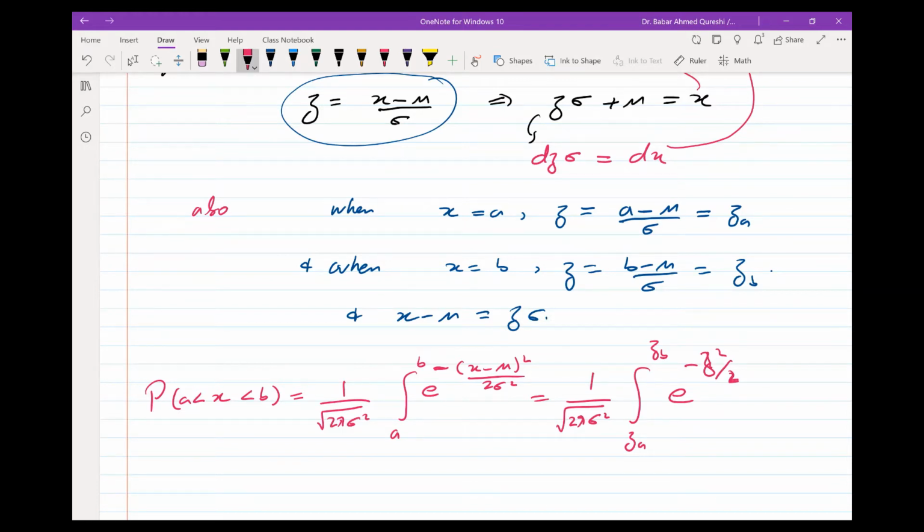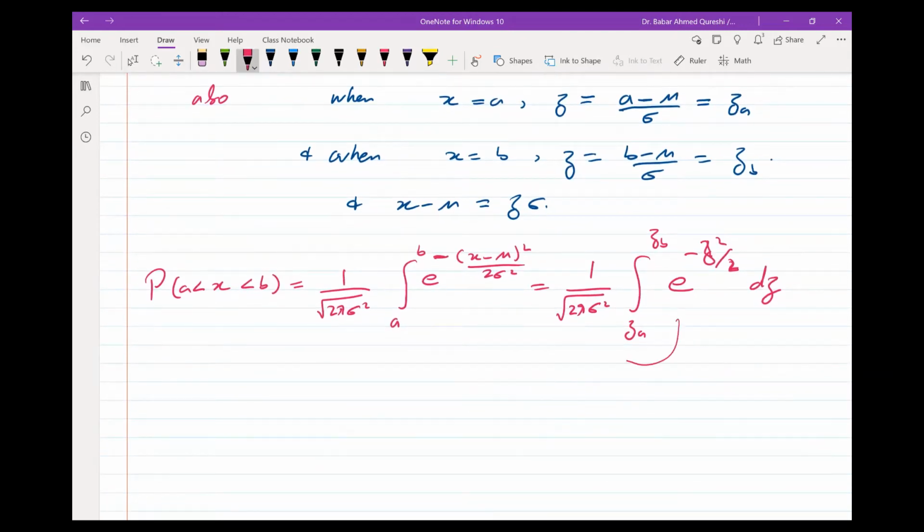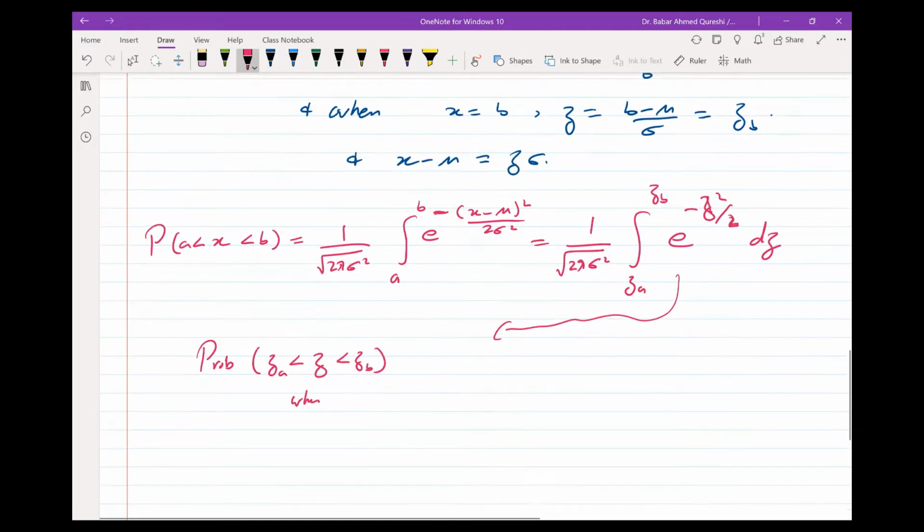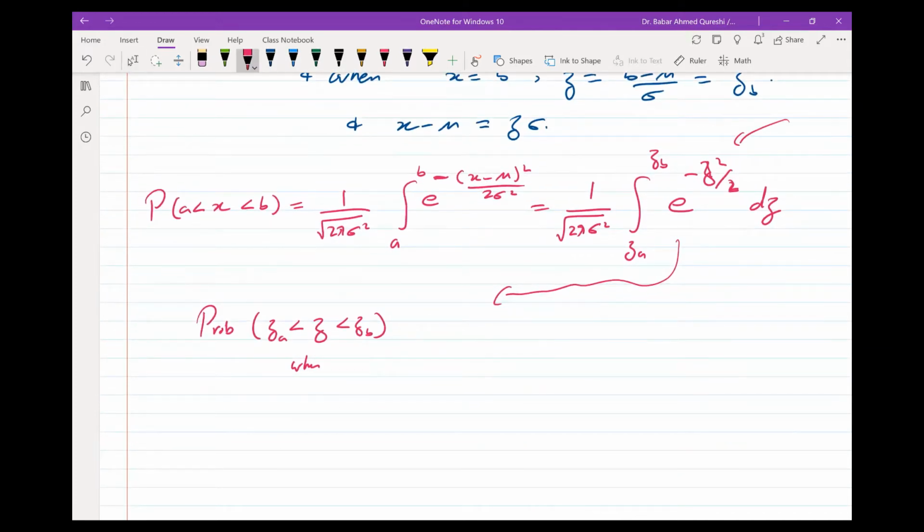So when I square it, I get z square sigma square, and sigma square cancels with the sigma square. So I get z square over 2 dz. This is nothing except the probability of this other variable z to be between za and zb, where this variable z, its probability distribution is given by this. And I had a z here, sigma here, dx was dz sigma. So that sigma cancels with the sigma square over there. So it is exactly this.